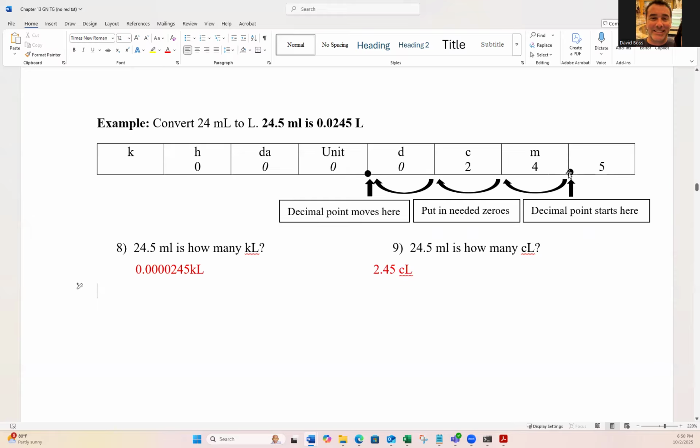The decimal sits right after the milliliter, and then you go 1 over, so the decimal's right after the centiliter. So 2.45. It can be easy to get mixed up here, but just do it slowly and practice. The more practice you have, the better you will do.